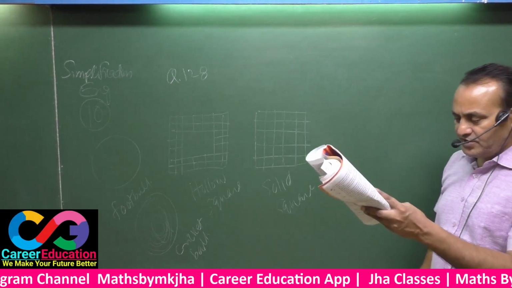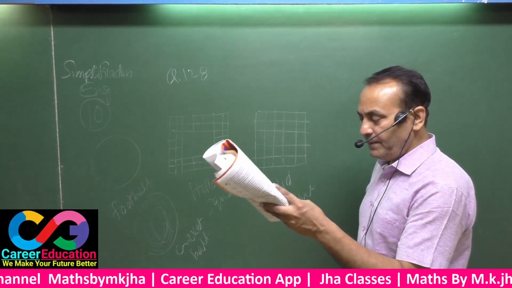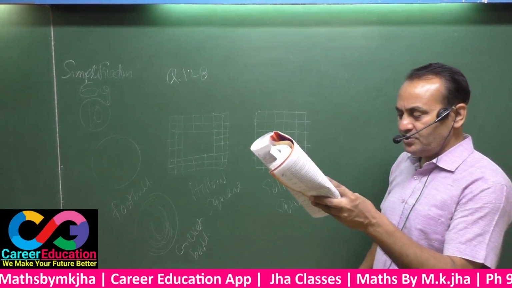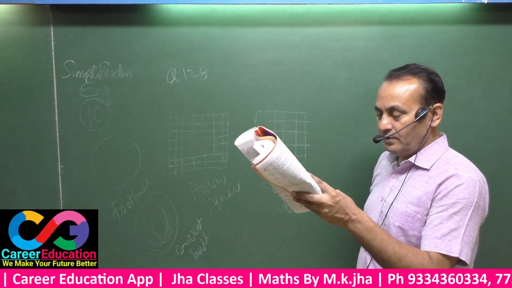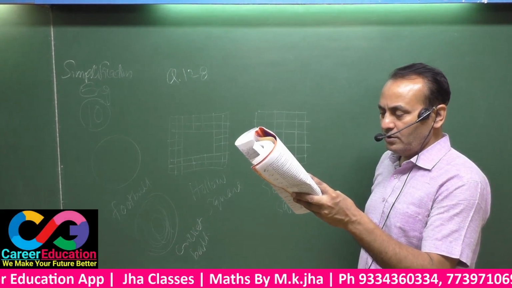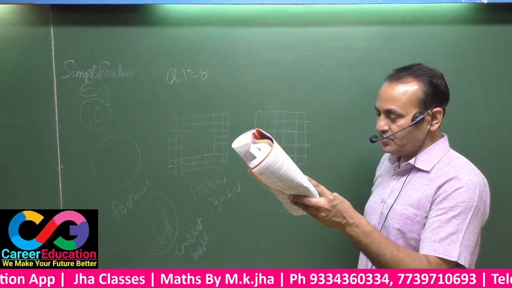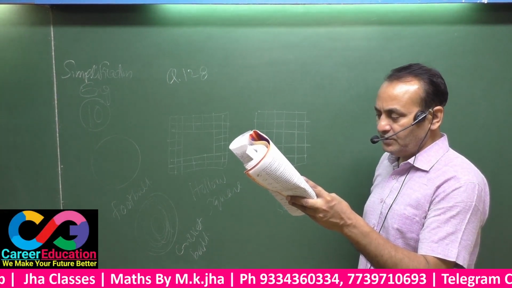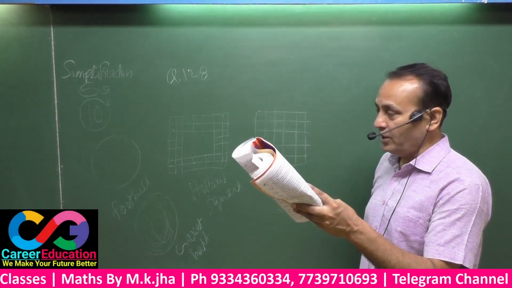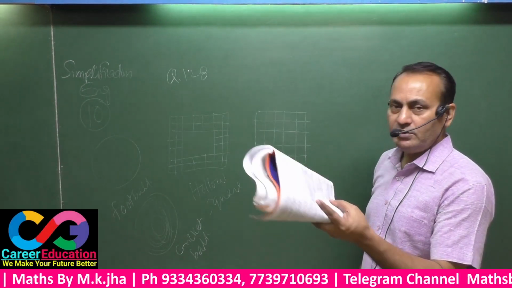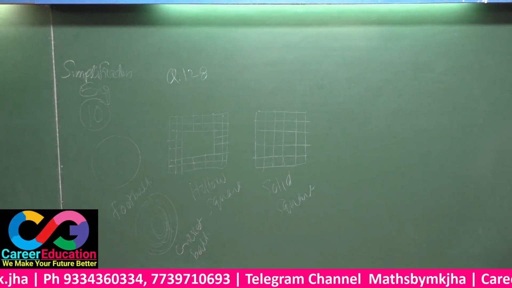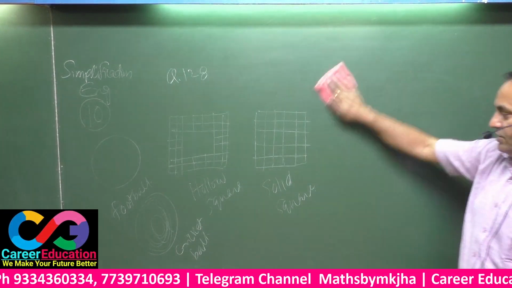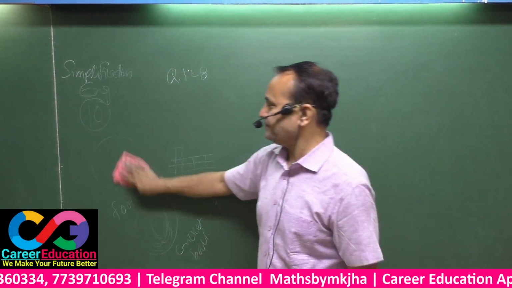Now the question is, some people have been arranged in a hollow square shape. In a complete row, there are 18 persons in a single row, and in depth there are 3 persons all around. You have to find out the total number of persons. Let me make a figure for this question.